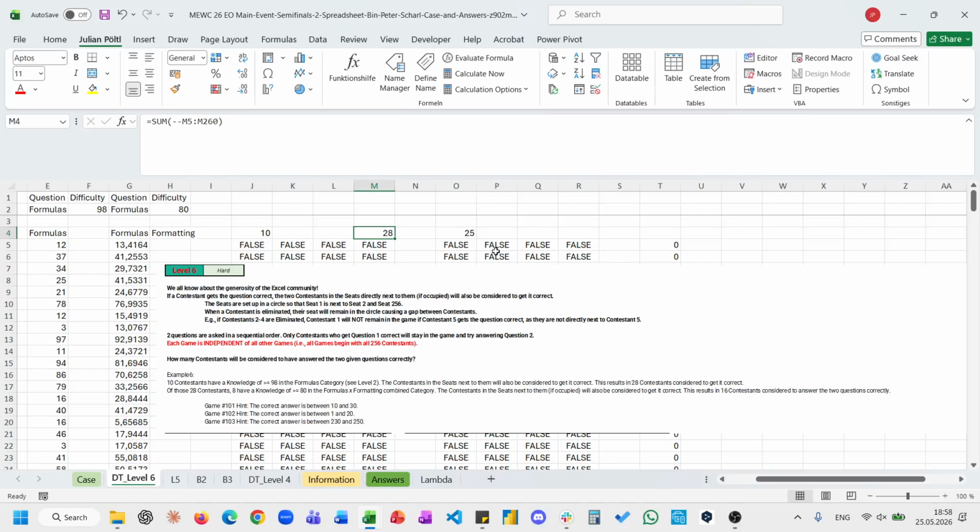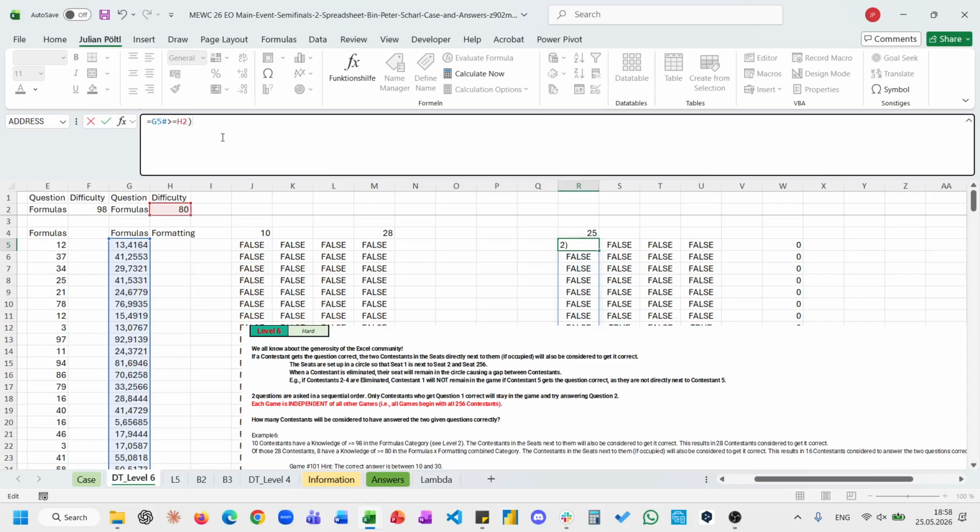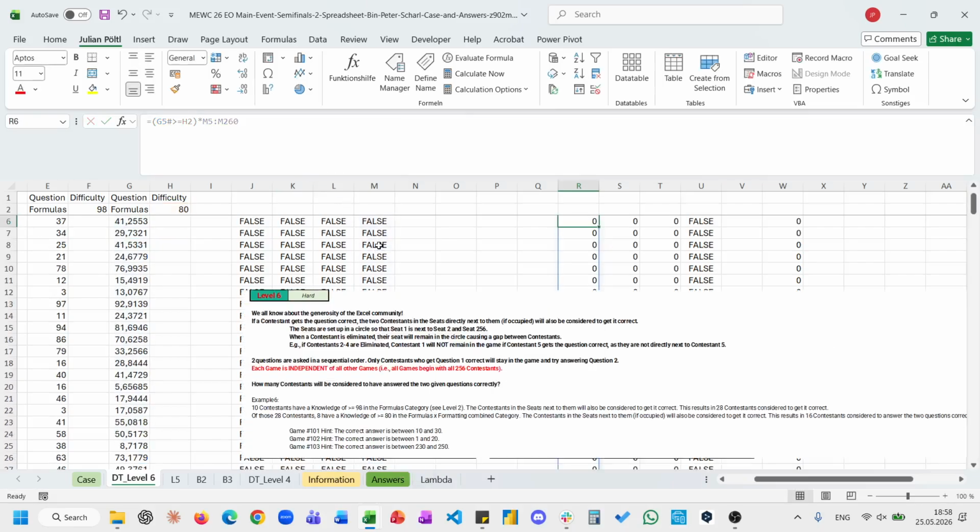And 8 have knowledge. Okay, so to debug, I have to check this with multiplication of this. Yes.